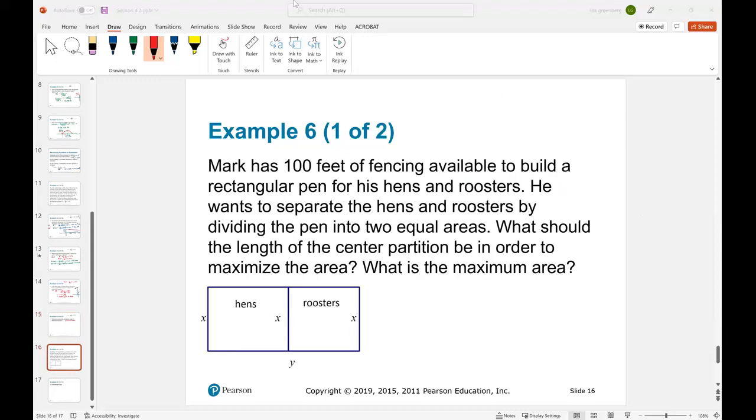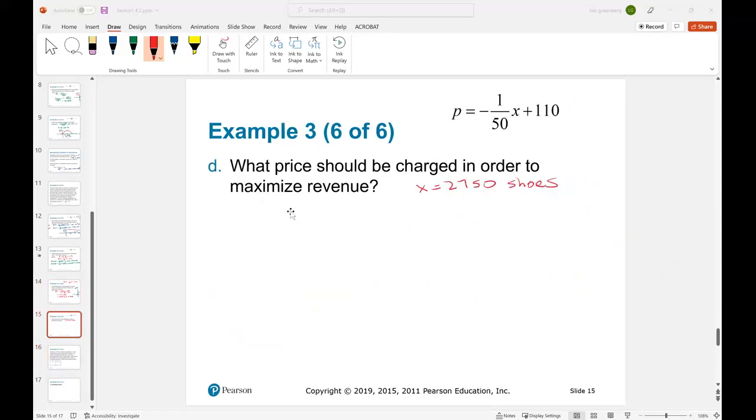Oops, so sorry. Here we go. So P is going to equal negative 1 over 50 times 2,750 plus 110, which is going to equal $151,205.